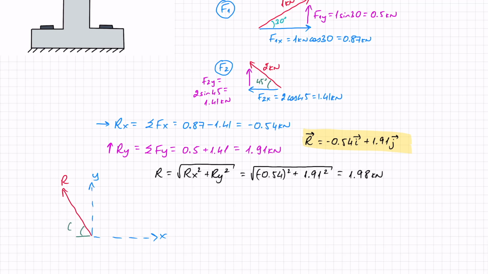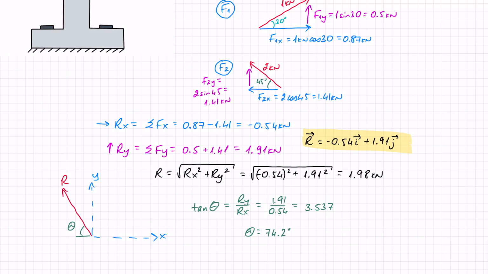This is my angle theta, and I know that tan theta is going to be ry over rx, so 1.91 over 0.54, and that gives me 3.537. And if I do inverse tan of 3.537 on my calculator, I get that the angle is 74.2 degrees.